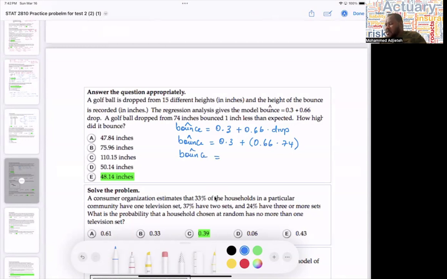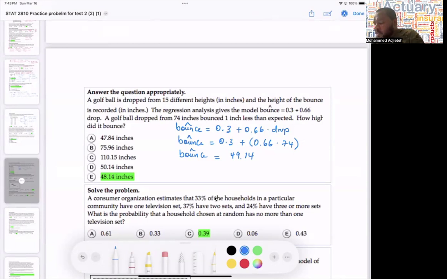So you can use your calculator to do this. So when you do this, we get 49.14. This is the expected bounce.